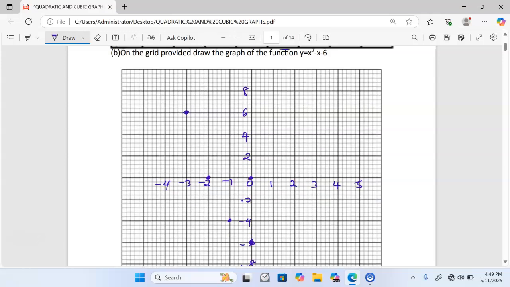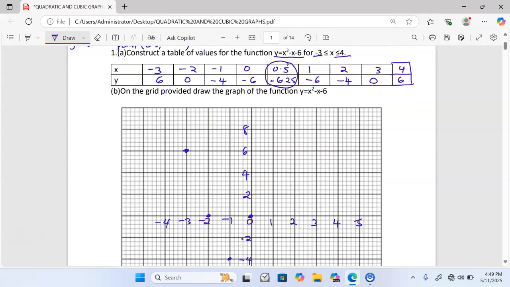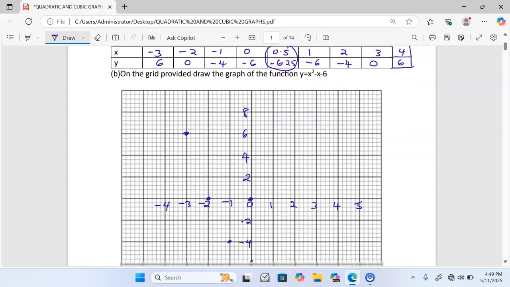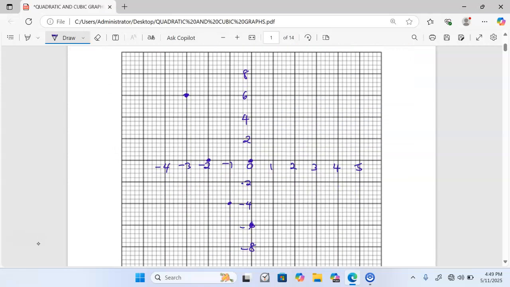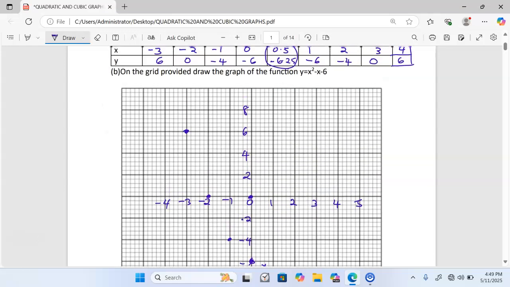Now we go to the turning point. When x is 0.5, which is around this point here, the value of y will be here, and this is where we have our turning point. Let me fix it with a cross so that you can identify where our curve turns.